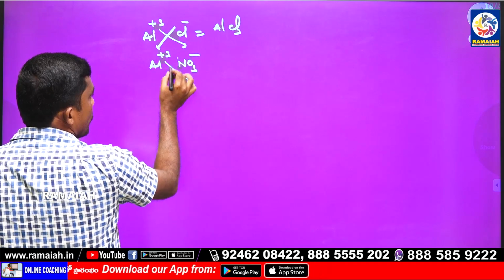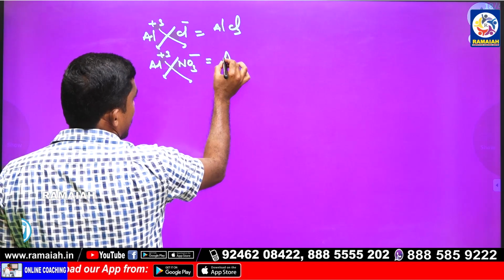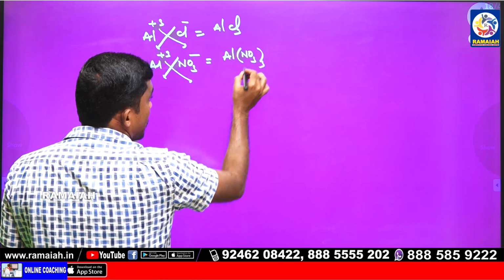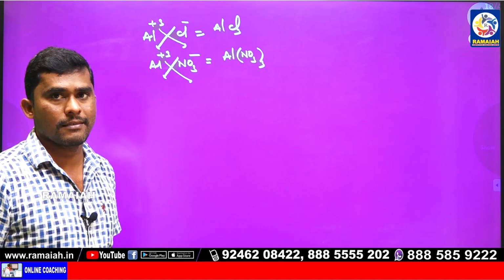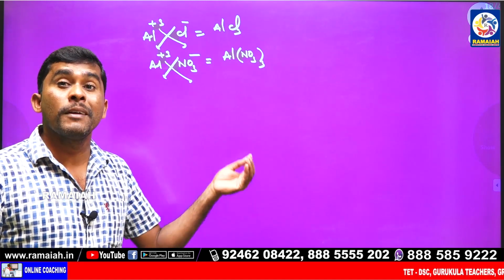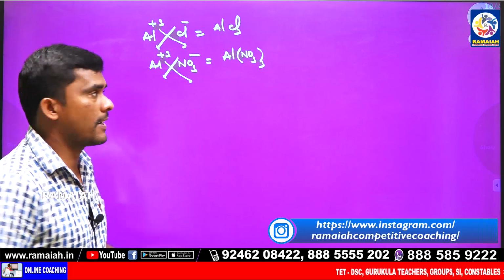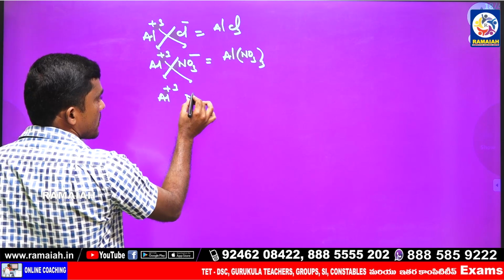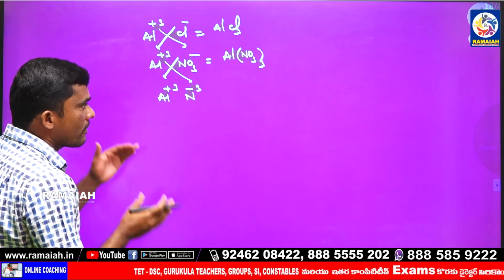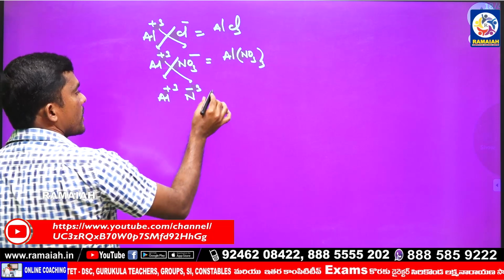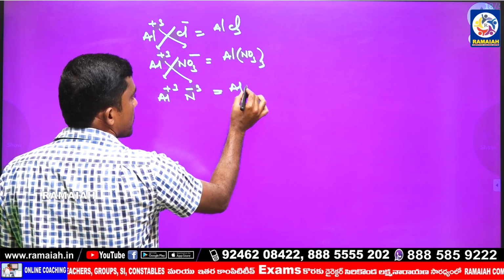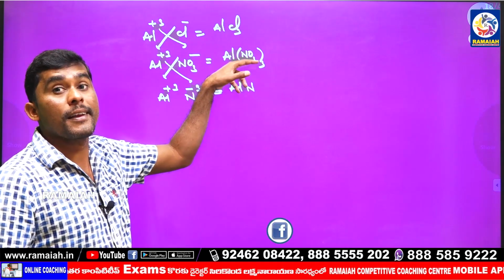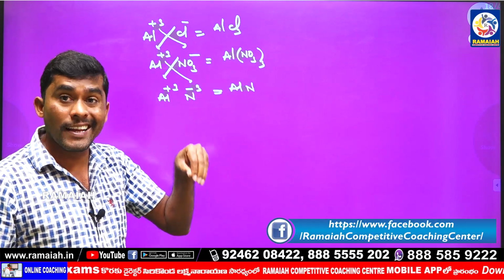Here also the charges are not equal, so the formula is Al(NO3) taken thrice, aluminium nitrate. What is the formula of aluminium nitride? Al plus 3 and N minus 3. Here the charges are equal, so the formula is AlN. Its name is aluminium nitride.